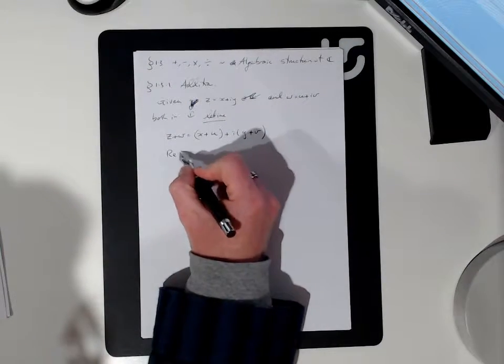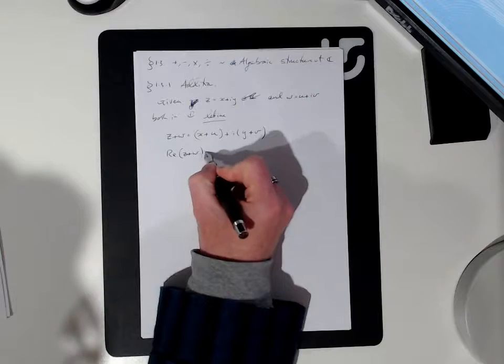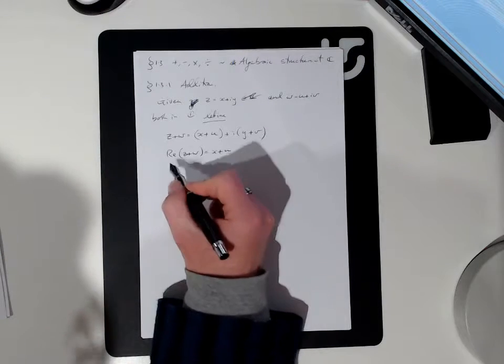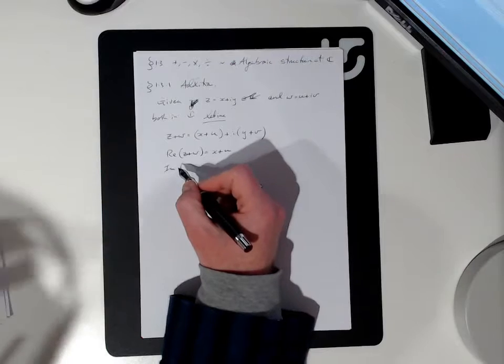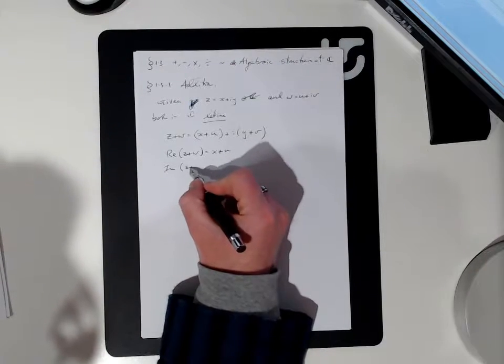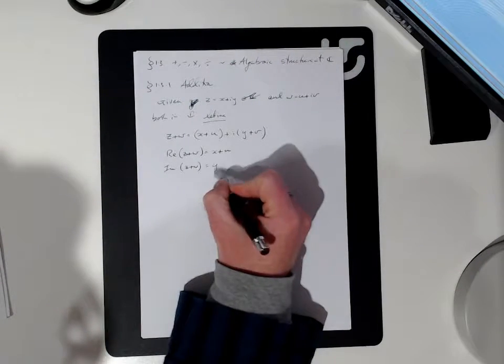Okay, in particular, the real part of z plus w is equal to x plus u, and the imaginary part of z plus w is equal to y plus v.